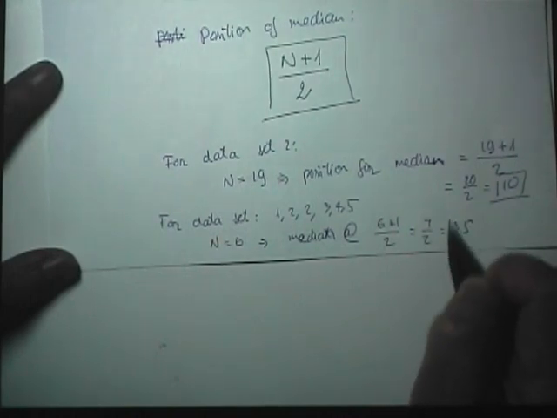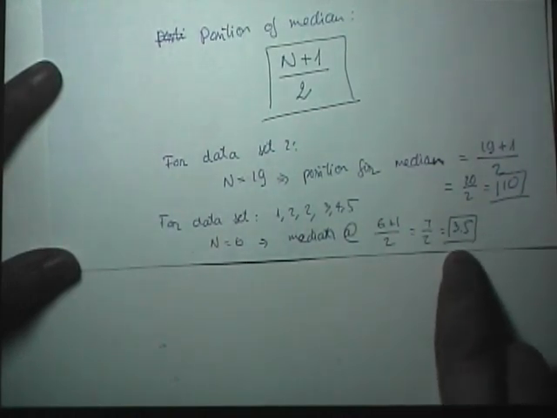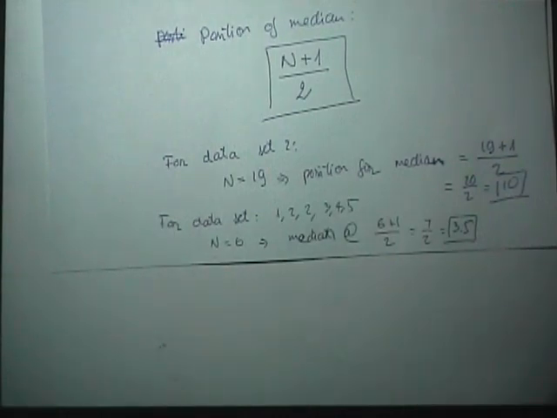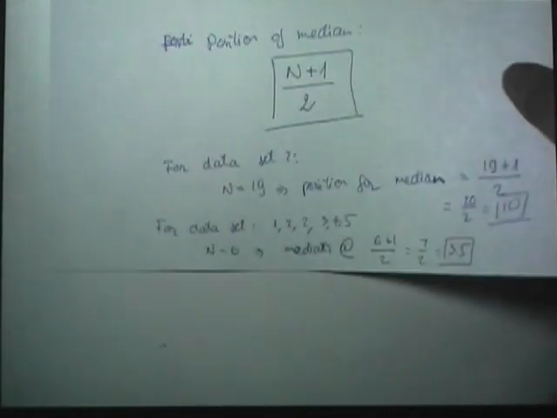See it now? So 3.5 here tells me where I can find my median. It's in the middle, after the 3rd one and before the 4th one. All right, and that's how you can find a median.